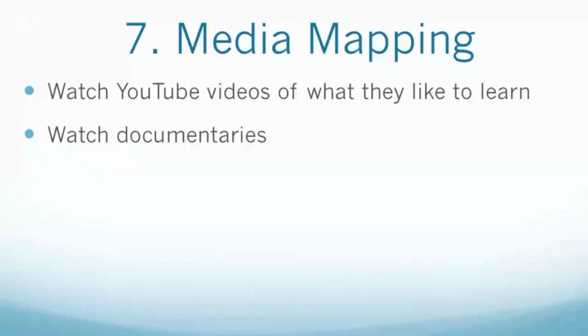Welcome to video number 7, and we're going to talk about media mapping. The reason why this is called media mapping is simply because we are going to further put ourselves in the person's shoes by utilizing media sites such as youtube.com and other sites as well.